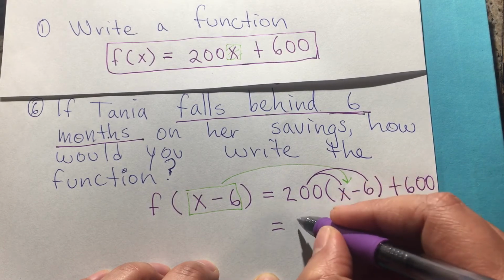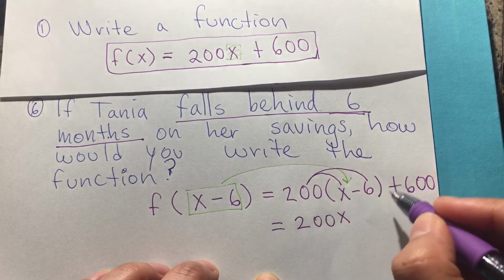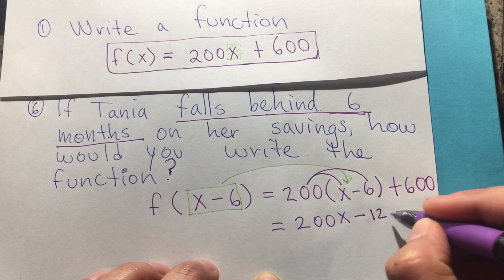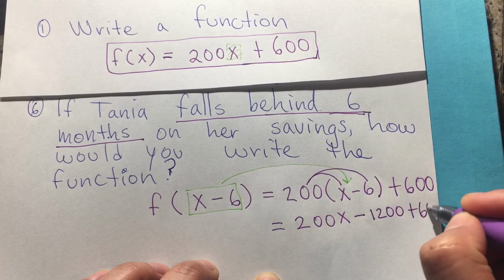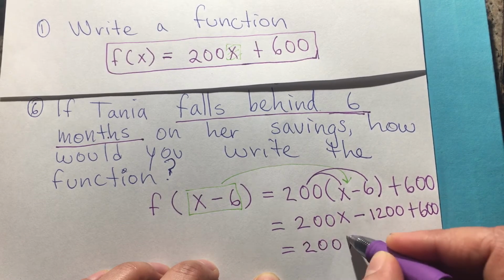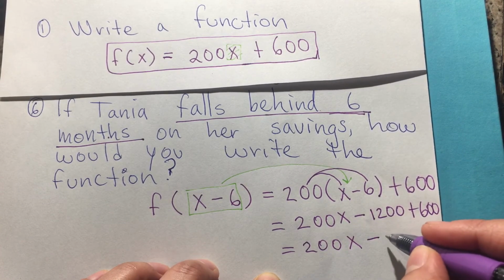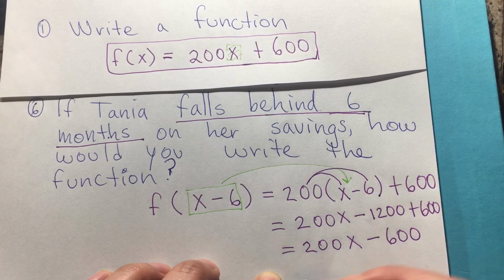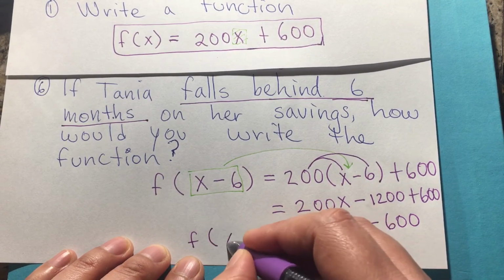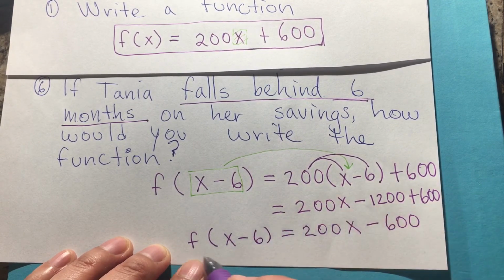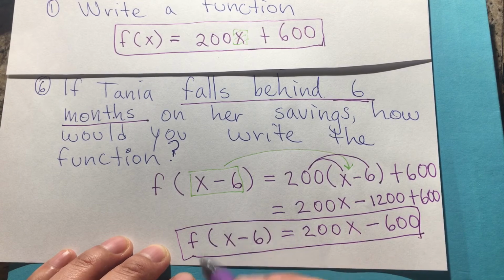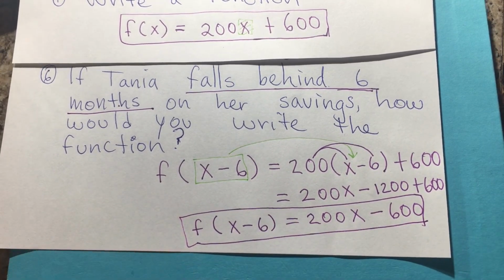So it's 200 times x is 200x. 200 times negative 6 is negative 1200 plus 600, and so this is 200x, and you're going to start with negative 600. Okay, again, if you have to bring down the notation, just make sure that you bring it down. The reason for which I'm doing it at the end is so that you don't get confused, because a lot of people say, where does that come from? This is just part of the notation to see what transformation is taking place.